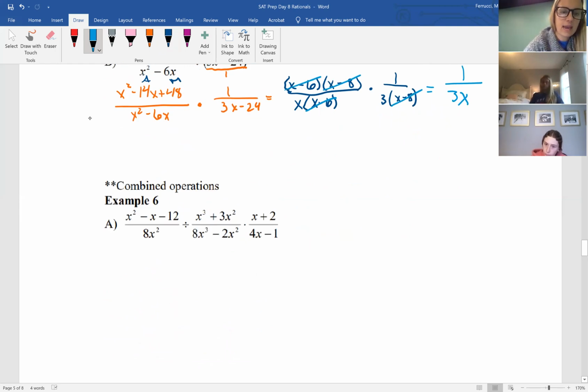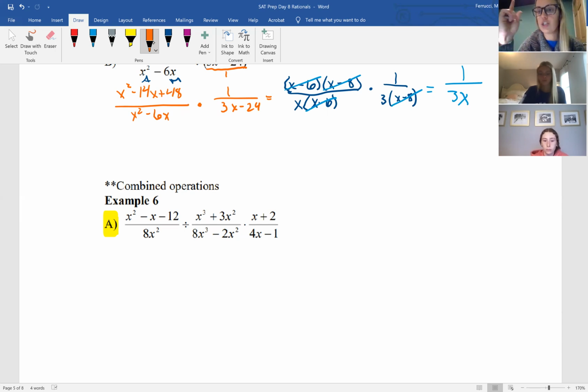Number 6, I am going to have you guys do for homework. I just do want to write the first step for you guys because I know that looks a little tricky. So it's combined operations with division and multiplication. Remember, for division, you keep, change, and flip the one right after the division sign.